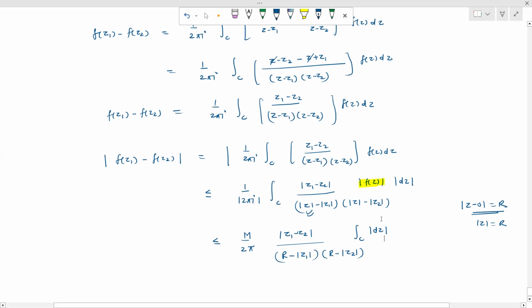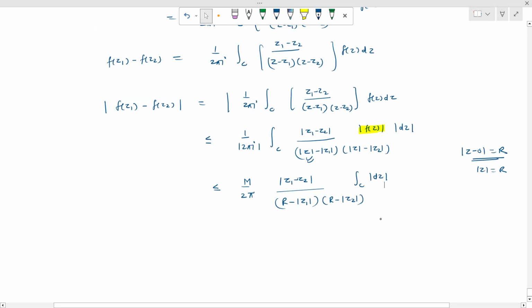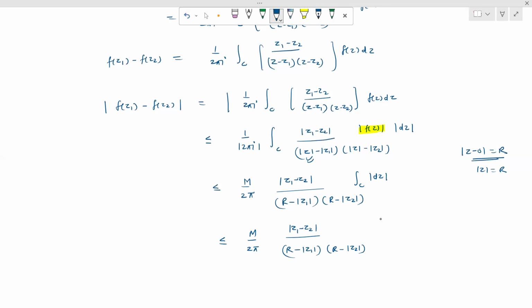Okay, so we can write this as less than or equal to M upon 2 pi, times (z1 minus z2) upon (r minus mod of z1)(r minus mod of z2), times the integration.